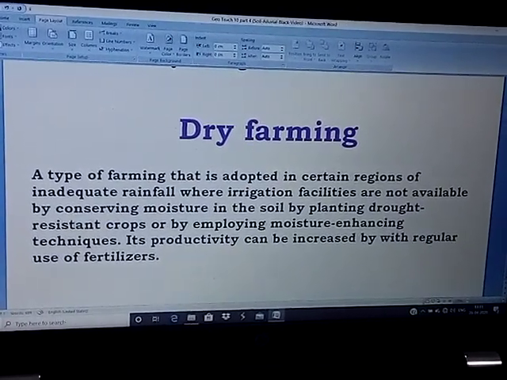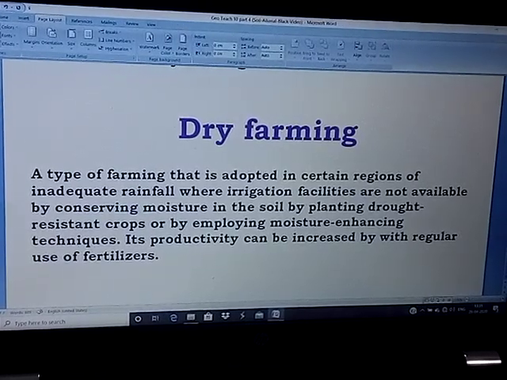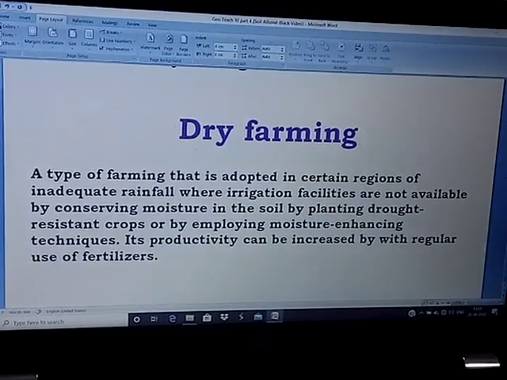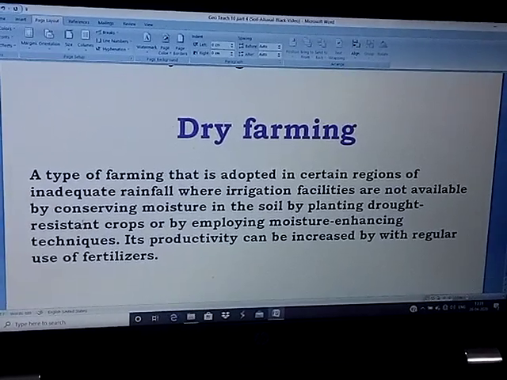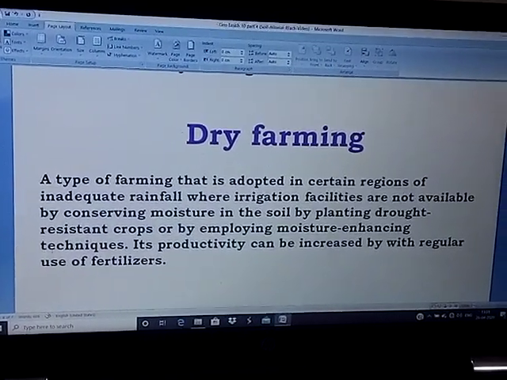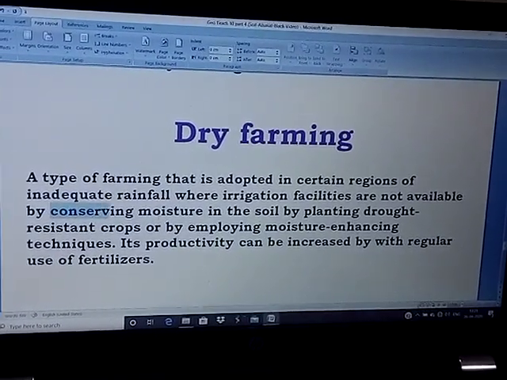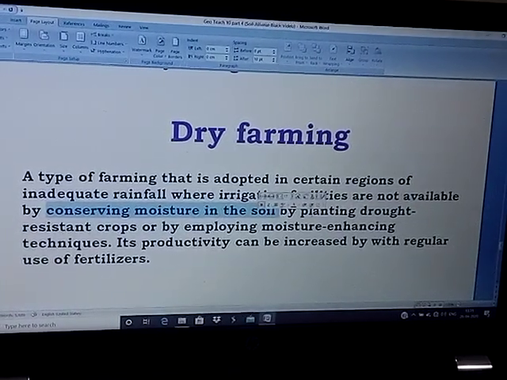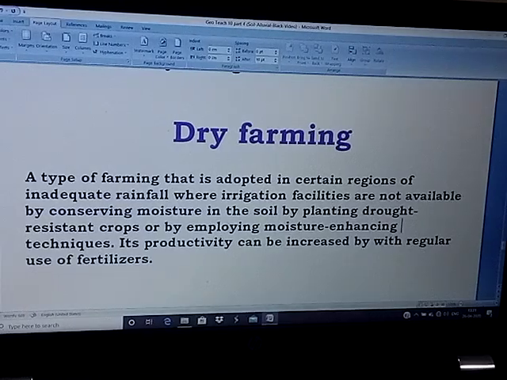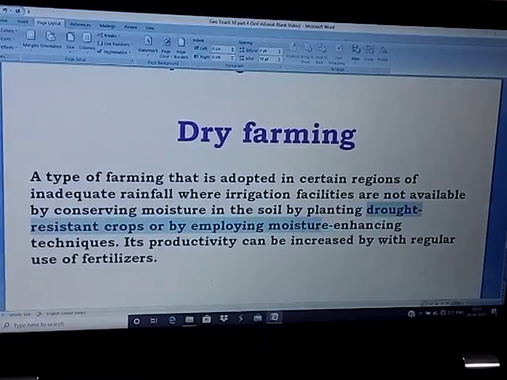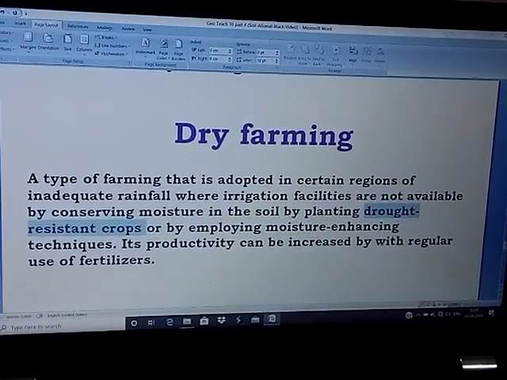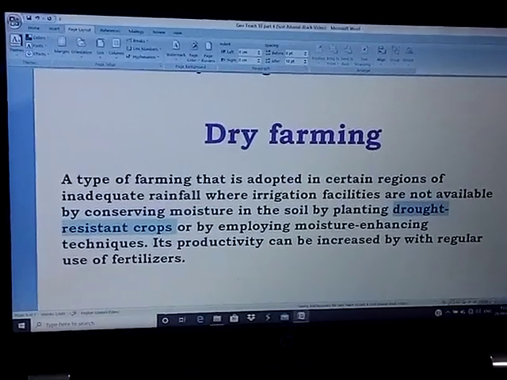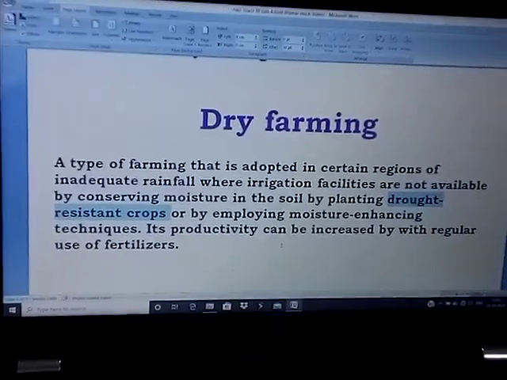Now in this process, it is cultivated in the region where rainfall is less and irrigation is not provided well. But then in dry farming, what happens? It conserves the moisture in the soil by planting what kind of plant? Drought resistant crops. That means in dry weather, in dry climate also, it can grow well.